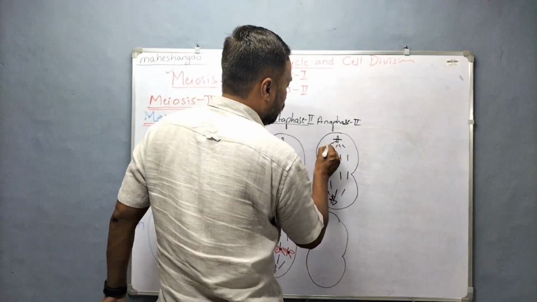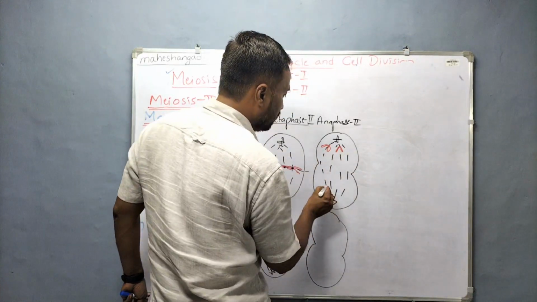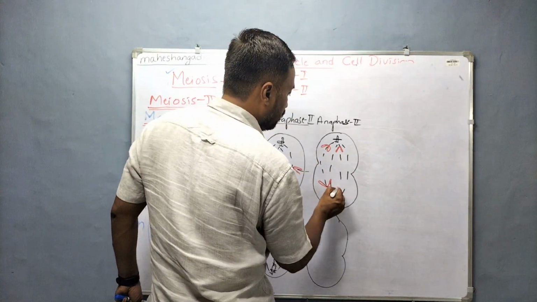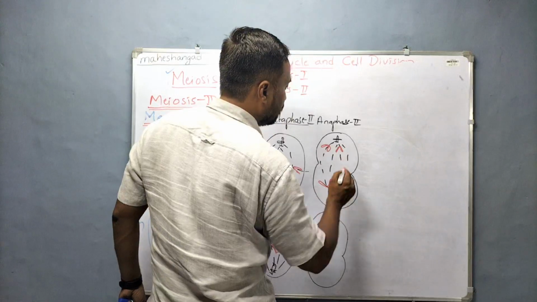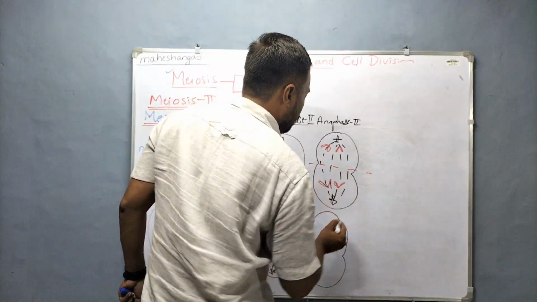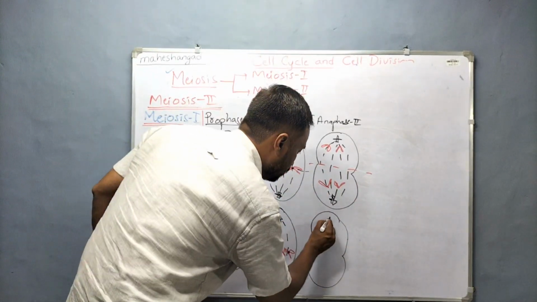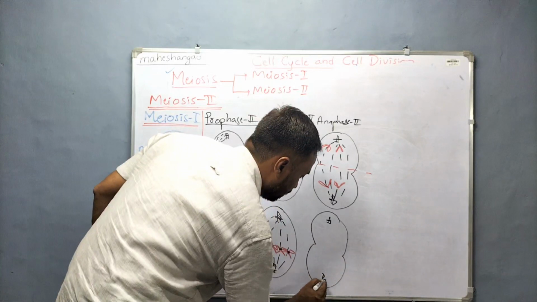Now the sister chromatids split, remember. Now what happens in anaphase 2? Sister chromatids will separate from each other and move towards the opposite pole. These changes will occur in both the daughter cells.